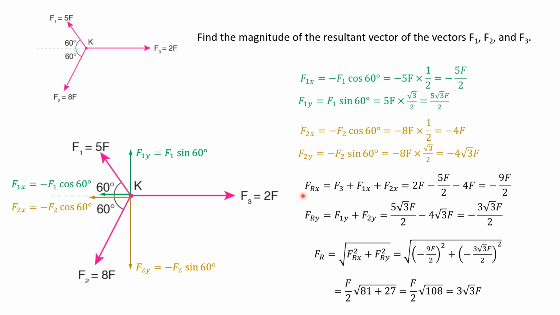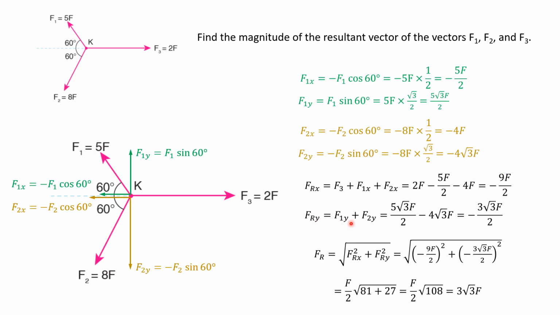And this is going to give us the x component of the resultant vector. So we're just adding all the x components together. So this one is 2F, this one is minus 5F/2 as we found earlier, and the x component of F2 is minus 4F.